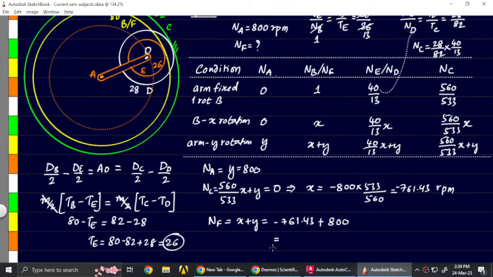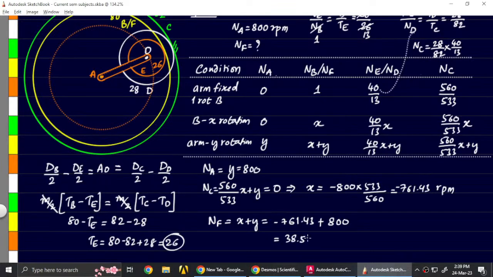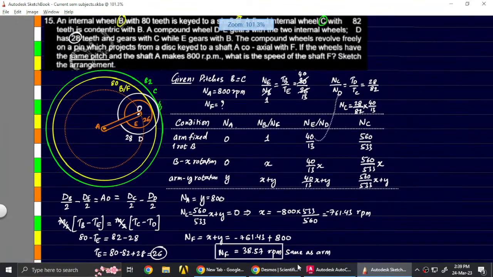So that gives us a value of 38.57 RPM. Now this RPM is in the same direction as the arm. Okay, so that's it for this particular session.